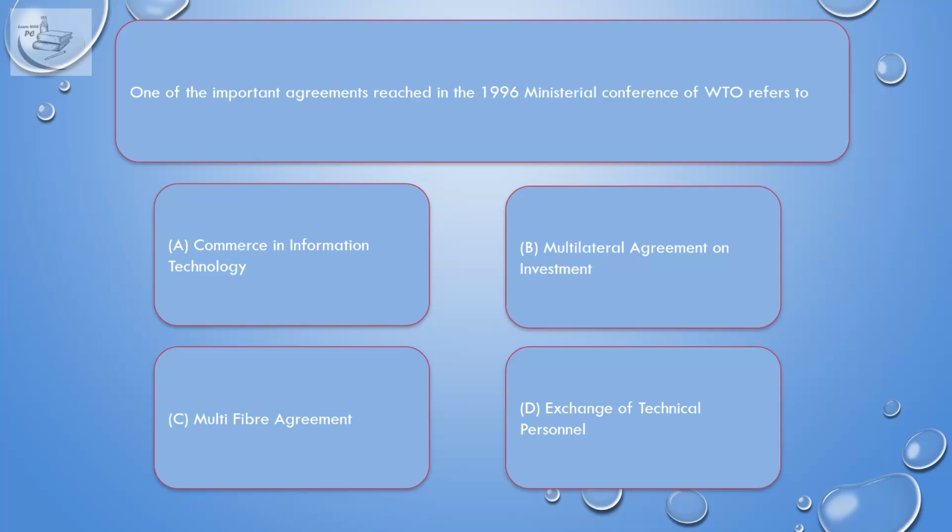Question: one of the important agreements reached in the 1996 Ministerial Conference of WTO refers to A. Commerce in Information Technology, B. Multilateral Agreement on Investment, C. Multi-Fiber Agreement, D. Exchange of Technical Personnel. Correct answer is A. Commerce in Information Technology.